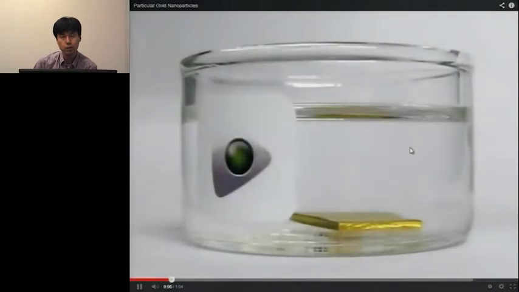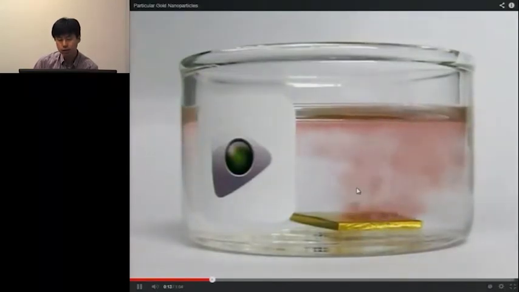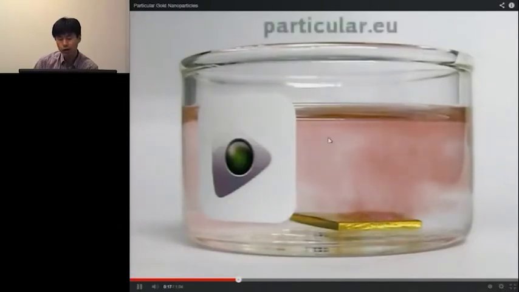The starting material for this method is a big chunk of gold bar. You can see red smoke coming out from the gold bar, and all these red smokes are the gold nanoparticles.